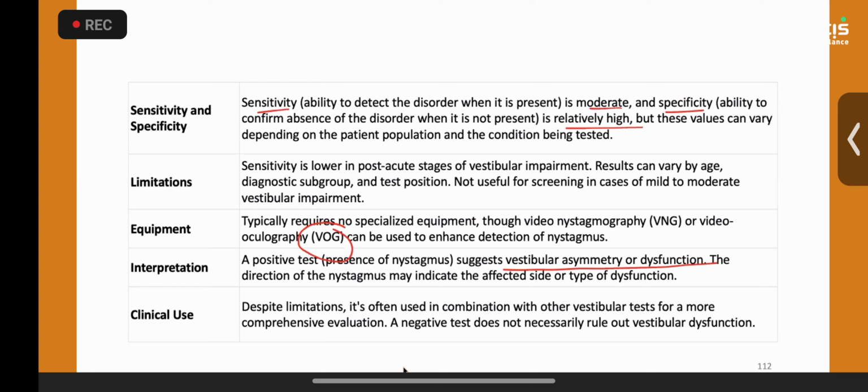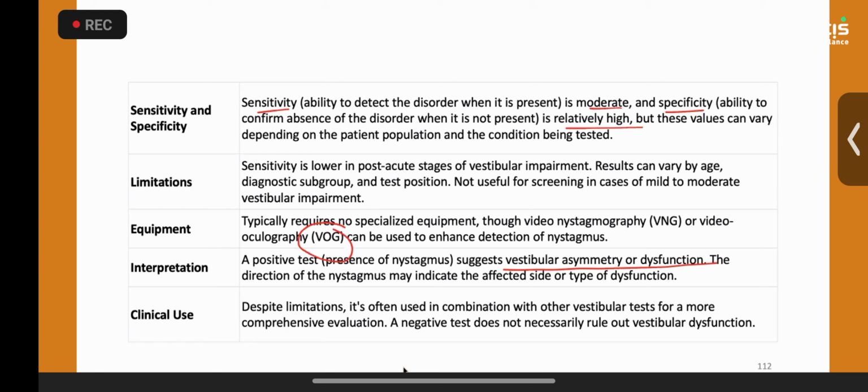Suppose you consider that one movement is a stimulation of 1 plus. So when I move towards the right side, there is a 1 plus stimulation of the right, left side 1 plus, right 1 plus, left 1 plus. So suppose you shake 20 times, there is 20 plus on the right and 20 plus on the left. If both the vestibular systems are functioning equally, there is no nystagmus.